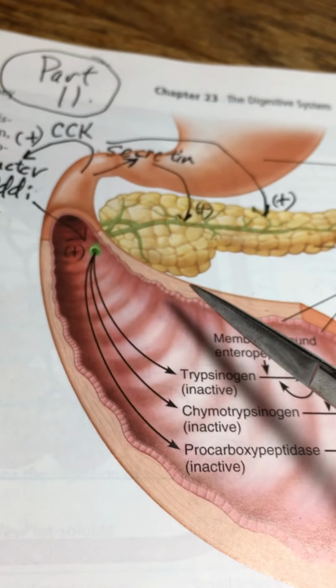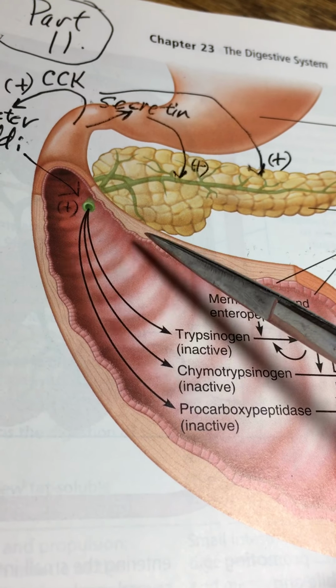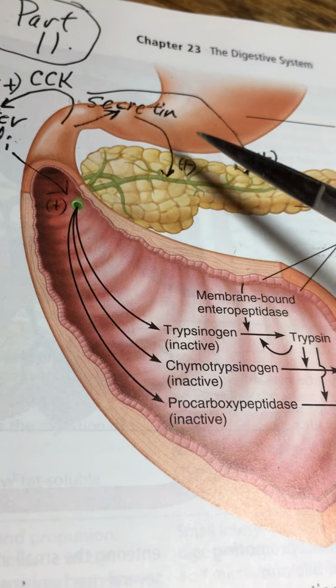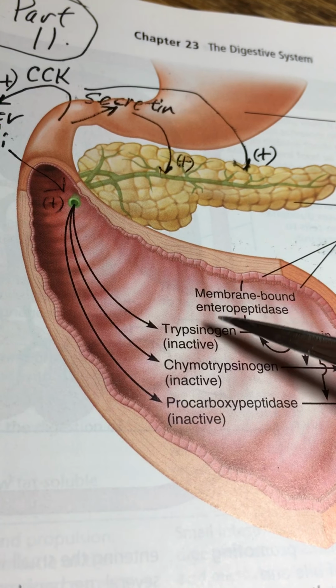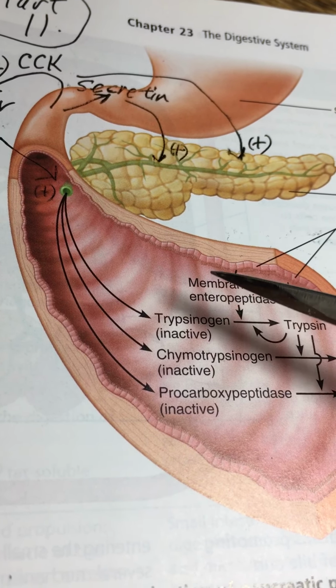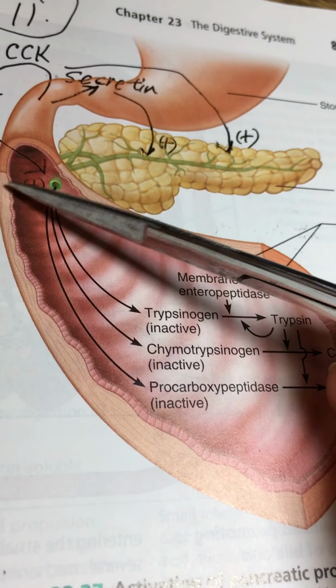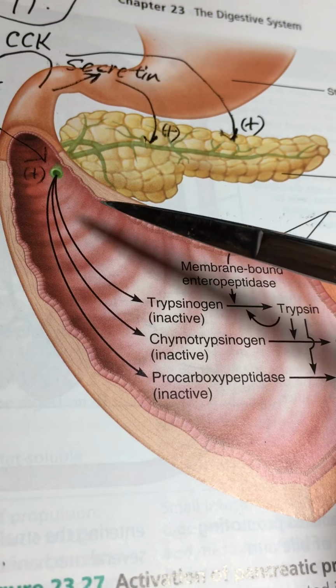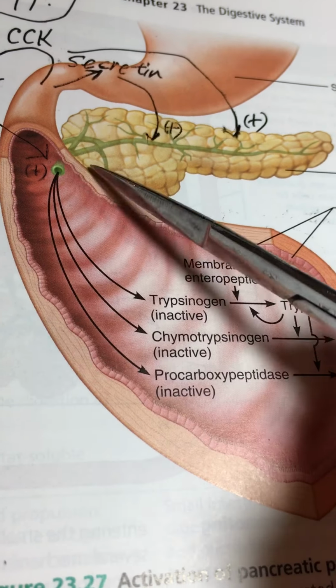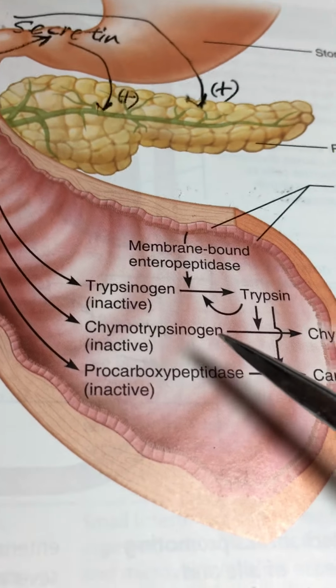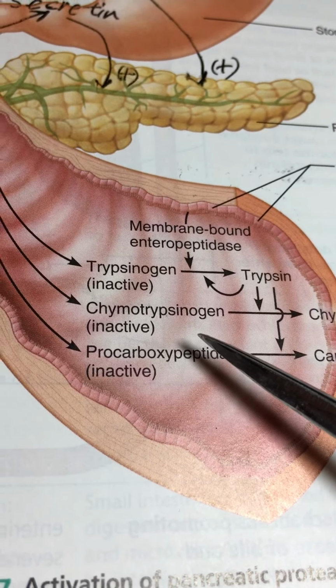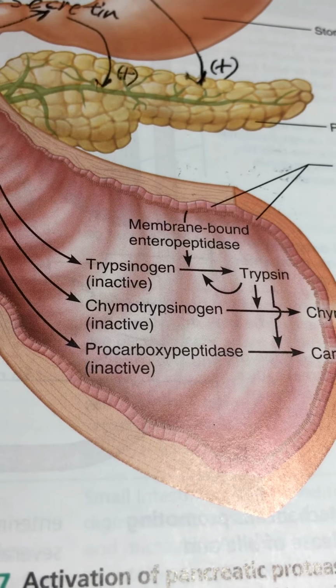We have to have the pancreas in this position. Otherwise, if we have it higher up, the stomach is actually going to metabolize these enzymes. Not a good thing. So we have to come down here where the pH is 8 and not 2 in the stomach. And then these enzymes function uniquely in an environment of pH 8.